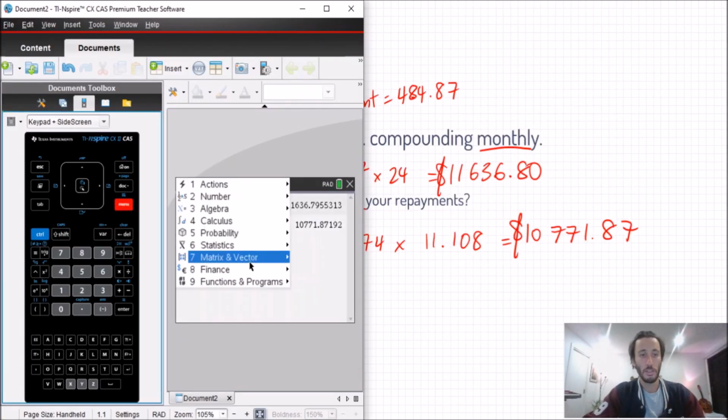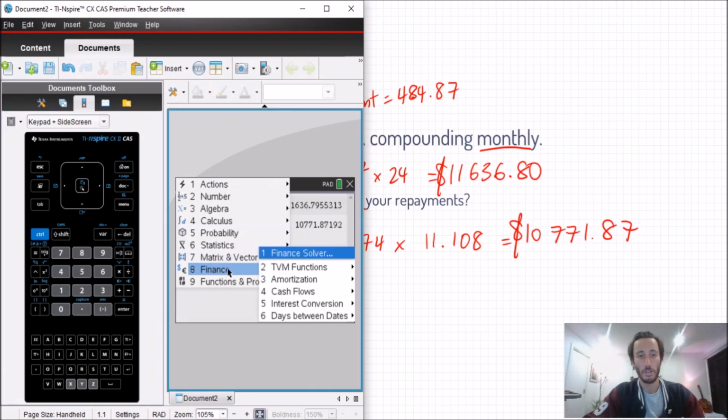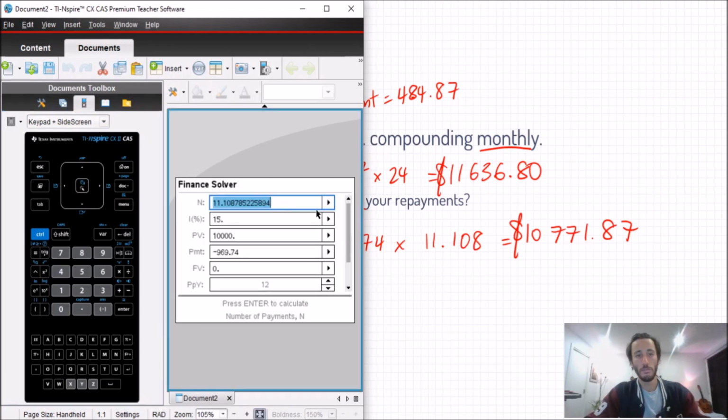So the good thing is we can do it all in Finance Solver. We're going to keep this N as 11. We want our payments to be the same. We want our present value to be the same. Everything's the same. Since we want to figure out how much is due after the final month, we calculate it by calculating the future value. It's $104.77.